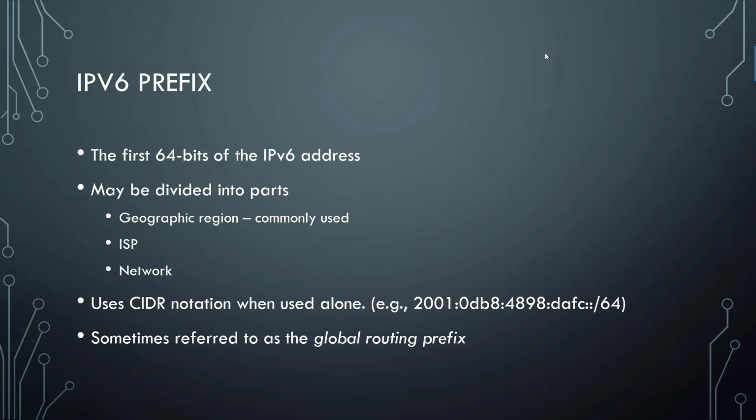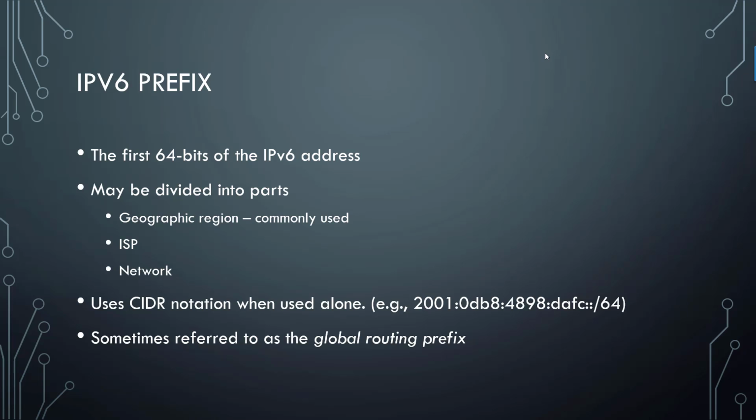So when you use the prefix all by itself, you use CIDR notation. When you're using it just by itself, you can see in this example that it's using /64. That way you know how many zeros. You see the double colon there. You know how many zeros you have to insert just in case you have to put them in there. So that is how that works.